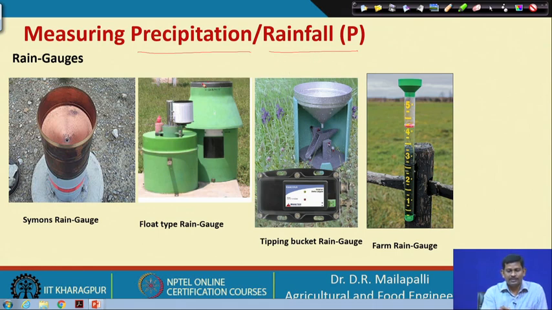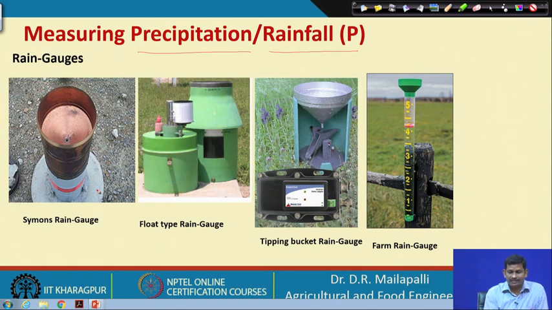Precipitation could be liquid form or snow or hail, drizzle. All this comes under precipitation. So, we are talking about rainfall here.